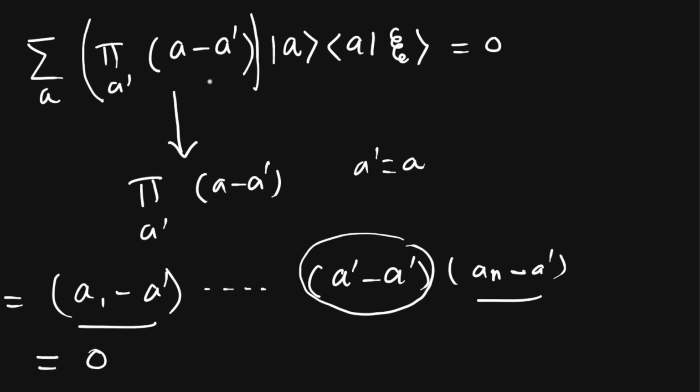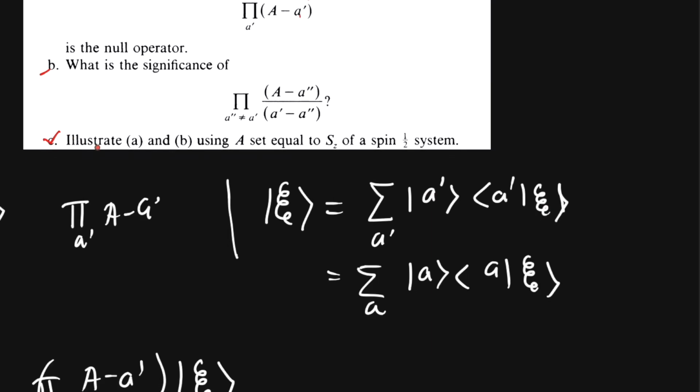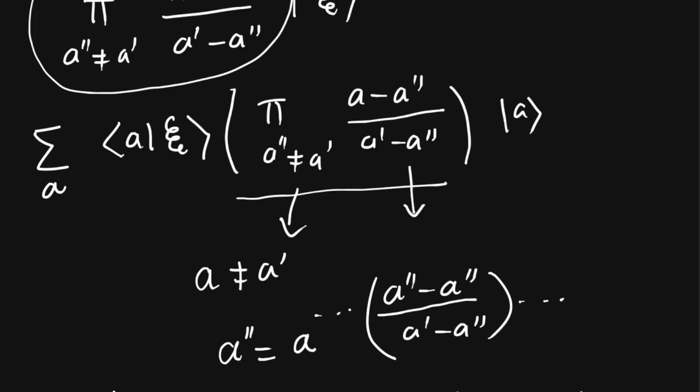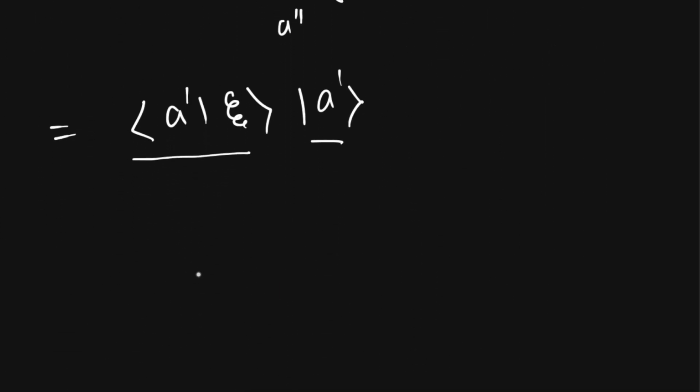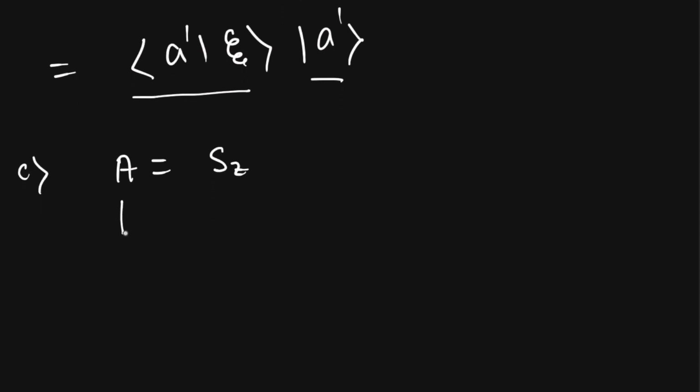Now let us check the third question. C. Illustrate A and B using A equal to Sz of a spin half system. Now here we are asked to explain the whole thing. If A is equal to Sz, then the corresponding eigenvalues will be plus h cut by 2 and minus h cut by 2.